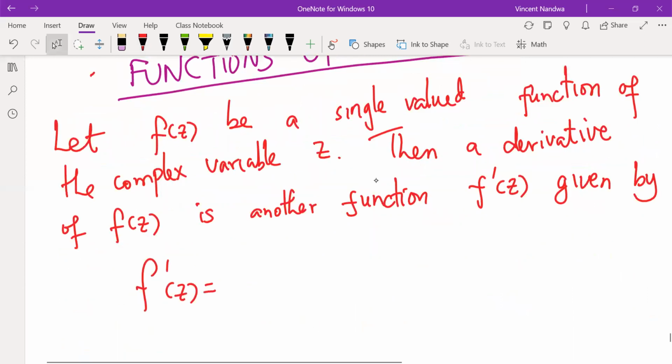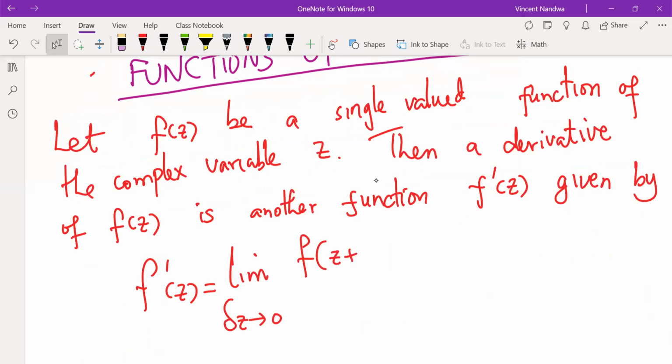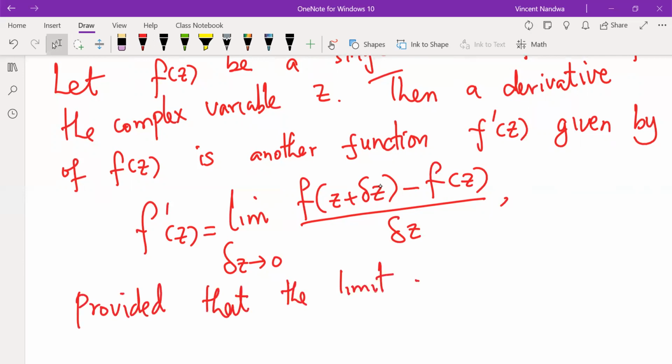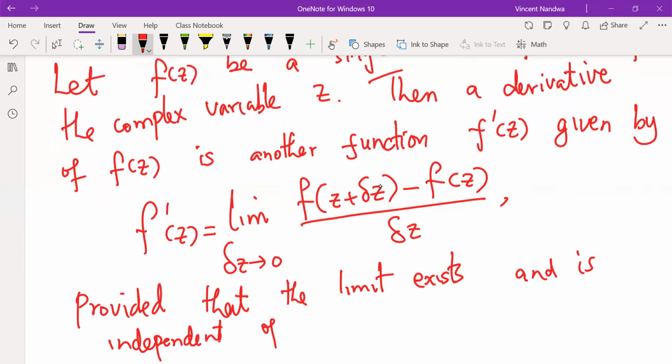f prime of z equals the limit as small change in z approaches 0 of f of z plus small change in z minus f of z, divided by small change in z, provided that the limit exists and is independent of the path along which the small change in z is approaching 0.